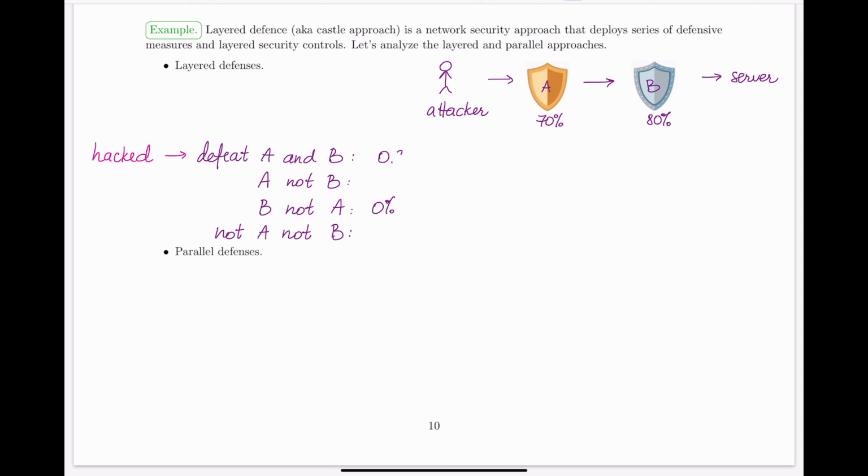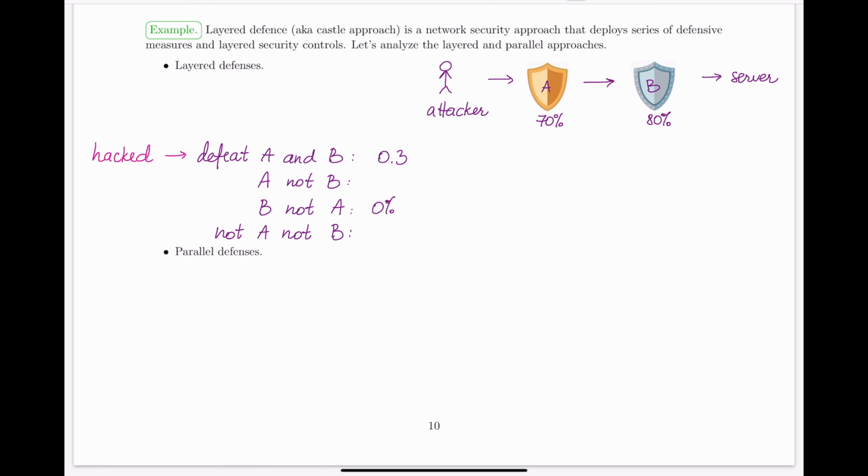So 0.3. Once the attacker defeats A, they must carry on to control B. Control B is effective 80% of the time, which means that 20% of the time it will be hackable.